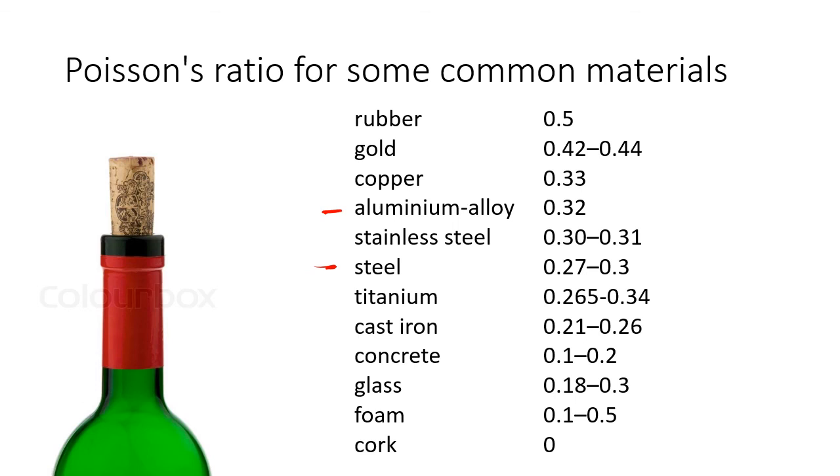We've got some interesting examples at the top and the bottom of the table. We've got rubber, which has the highest Poisson's ratio of 0.5. And very interestingly here, we have cork at the bottom. And it's interesting because it has a value virtually of 0.